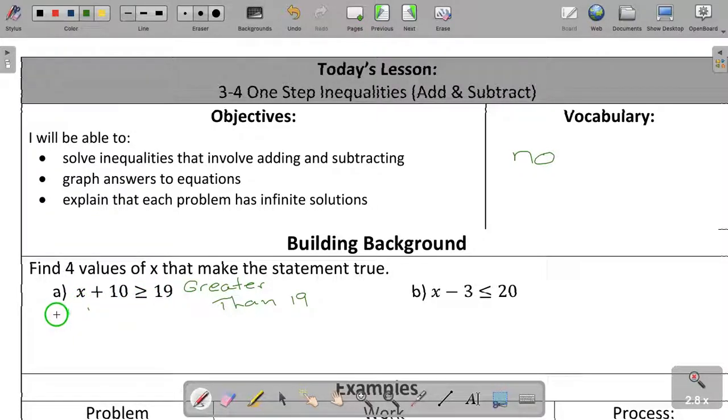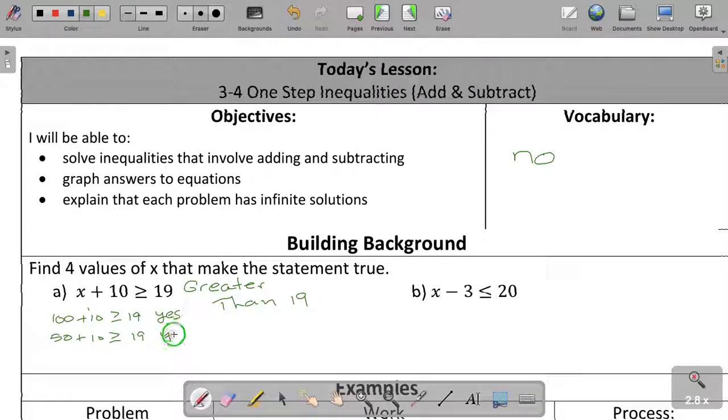What about 100? Is 100 plus 10 greater than or equal to 19? Sure. 110, is that bigger than 19? Yes, it is. How about 50? Is 50 plus 10 greater than or equal to 19?